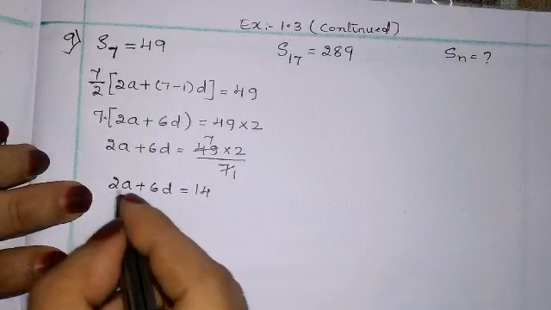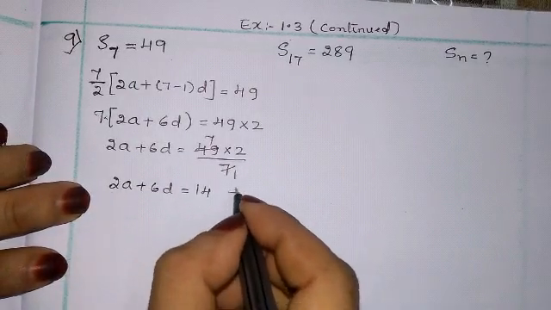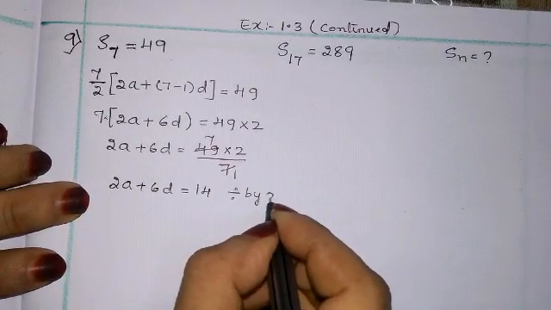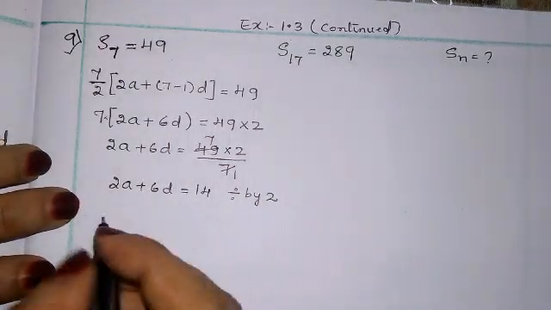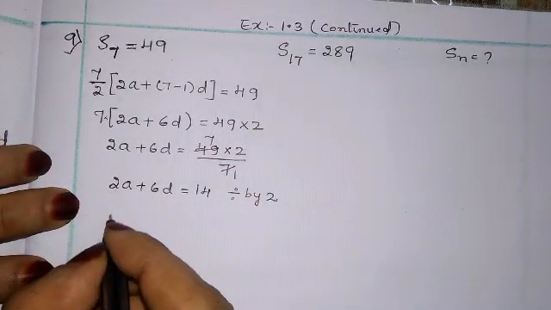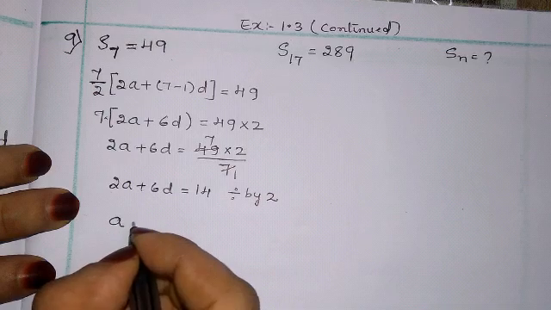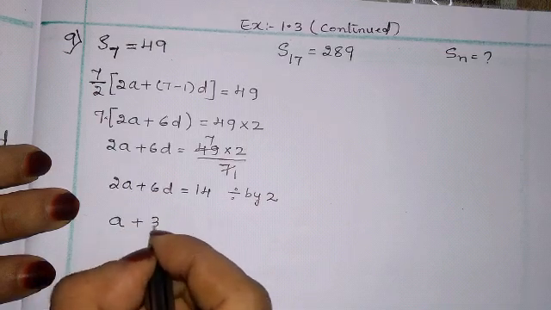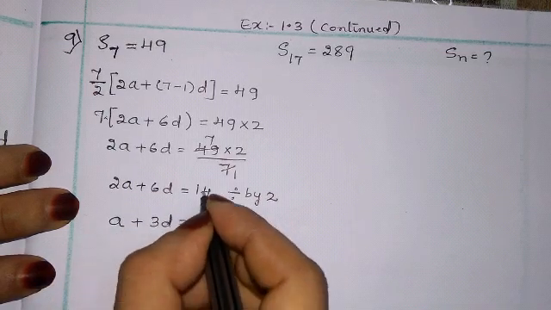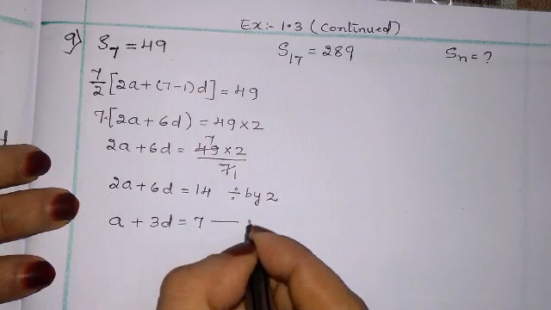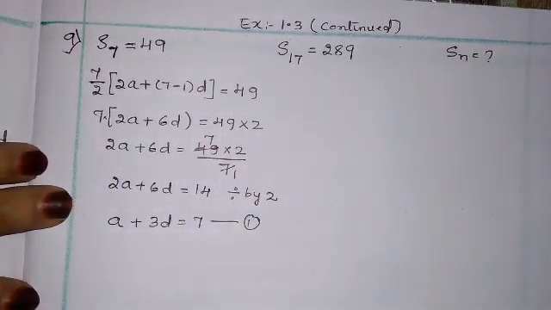We can see this whole equation is divisible by 2. Let us divide by 2. 2a divided by 2 is a, only a left. 2 threes are 6, so 3d. 2 sevens are 14, divided by 2 is 7. a plus 3d equals 7. Let us consider this as equation 1.